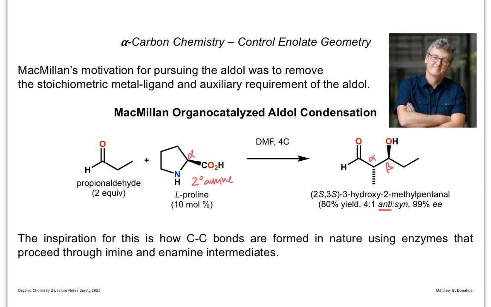So let's see if you remember some stuff. If you have a secondary amine plus an aldehyde, what do those two react together to form? There's an intermediate that's formed.